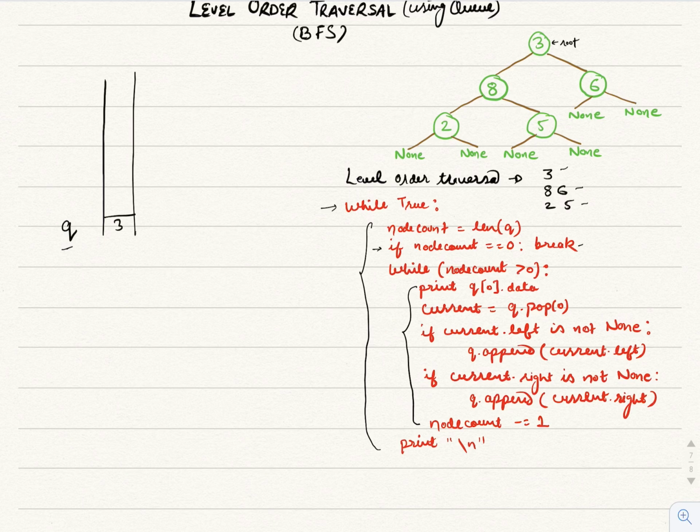First we'll print the first element of the queue's data, which is 3, and now we'll pop the first element of the queue and assign current to it. So now current will be 3.